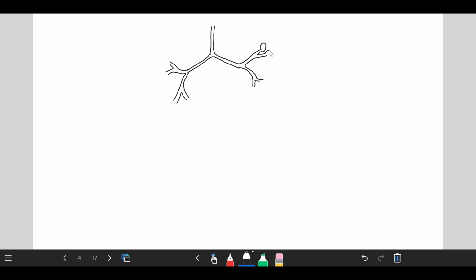So these are alveoli. Maybe my drawing is not proper, but I will make you understand.